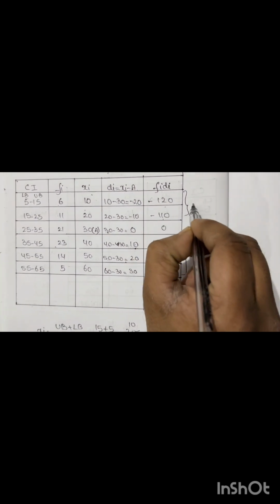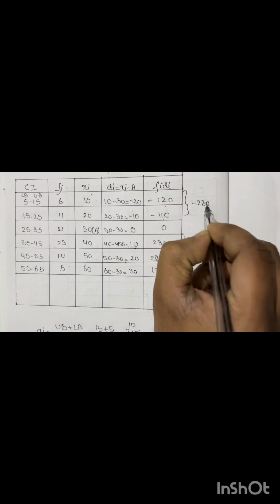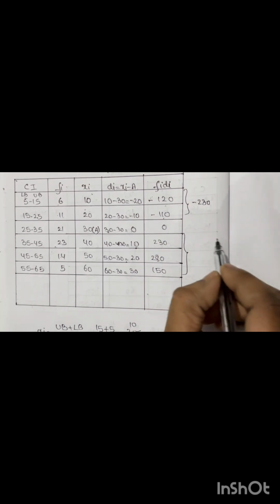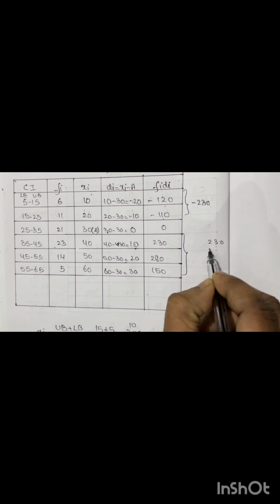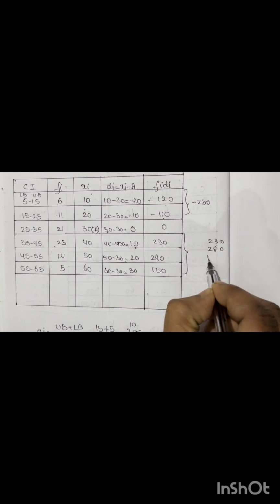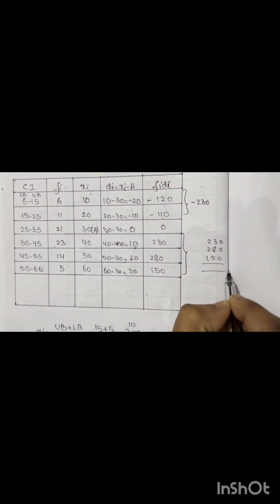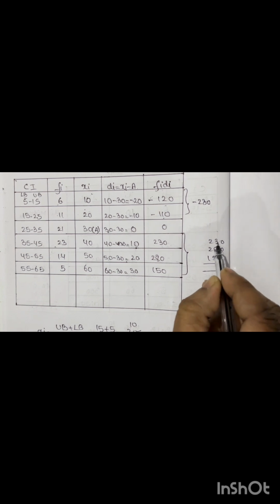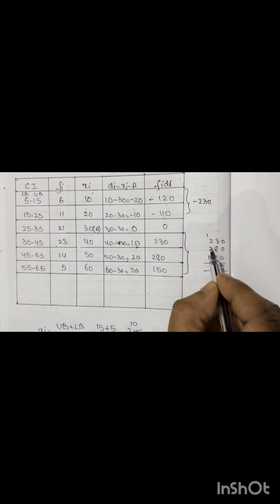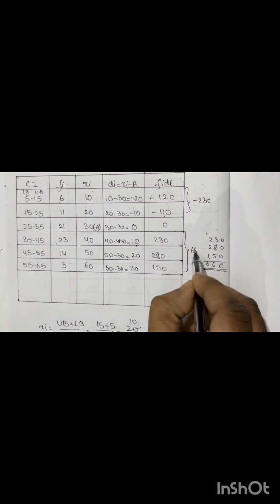Okay, now add all the negative fi di and add all the positive fi di. 120 plus 110 will be minus 230. Here add all these: 230 plus 280 plus 150. 0 plus 0 plus 0, 8 plus 3 is 11, 11 plus 5 is 16, carry 1, 2 plus 2 is 4, plus 1 is 5, plus 1 is 6. What we got is 660.